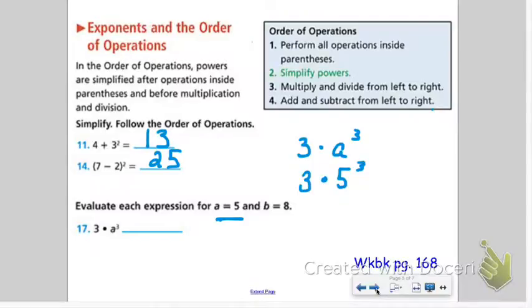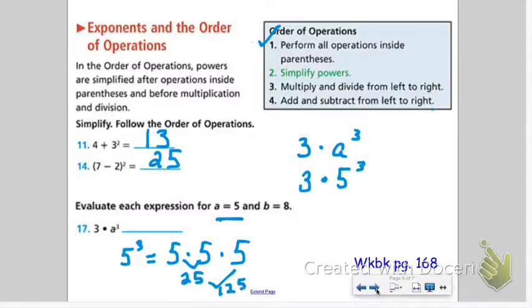Let's see. Any parentheses? Nope. So step 1 is done. Powers? Yes. We've got 5 to the third power, which is the same as 5 times 5 times 5, because I want 5 as a factor 3 times. 5 times 5 is 25, and then 25 times 5 is going to give me 125.